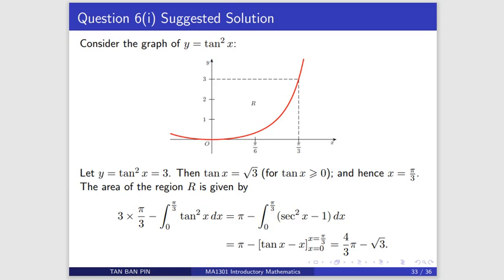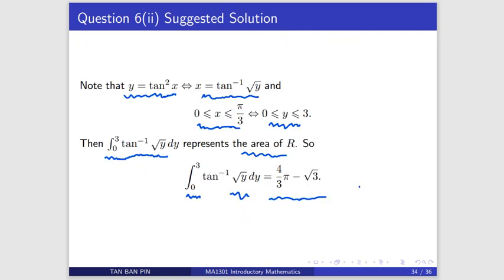Because if you integrate, you'll be finding the area under the red curve about the y-axis, which is just the region R. So it's just 4 pi over 3 minus square root 3, which is the answer to the first part.